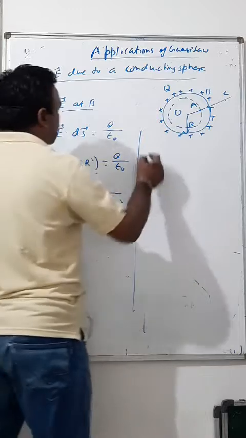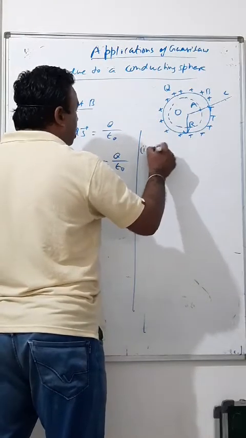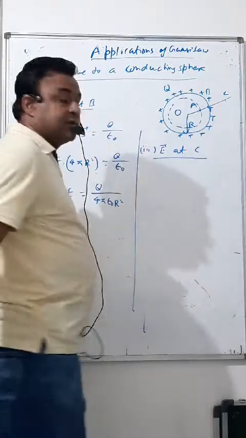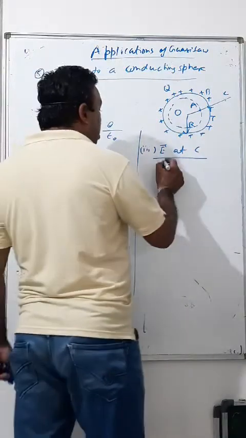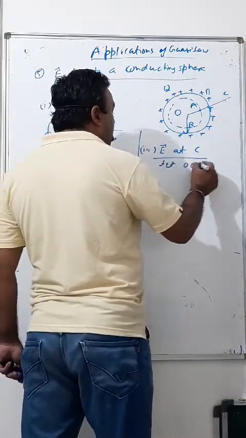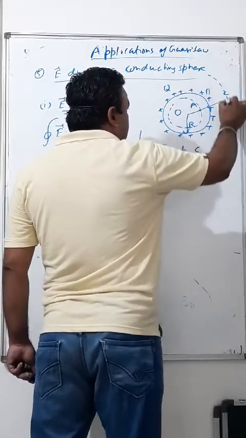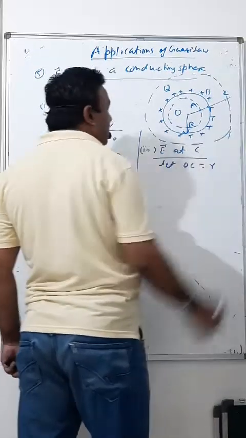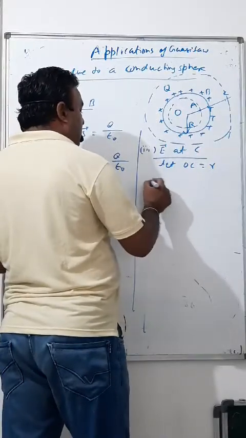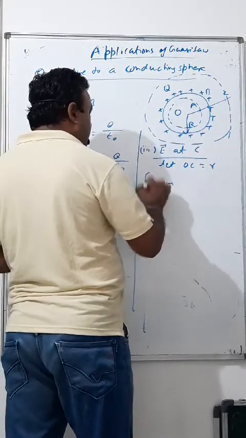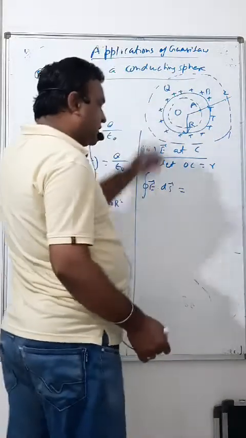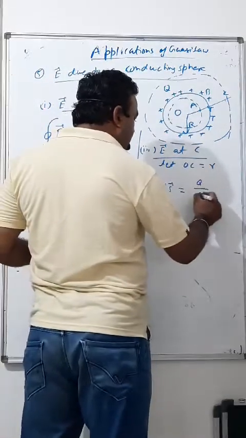Lastly, E at C. Point C is outside. Again, let OC be equal to r, and this is the Gaussian surface. E dot ds. Now it's very clear that in this surface the charge enclosed is the same, Q upon epsilon naught.